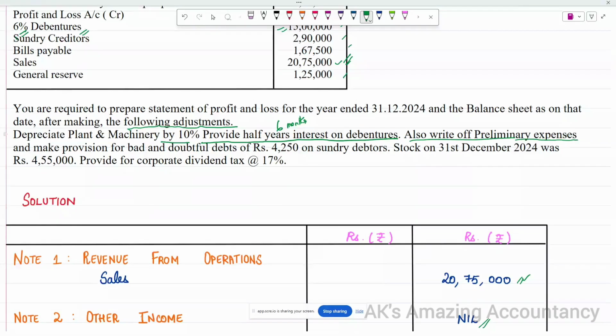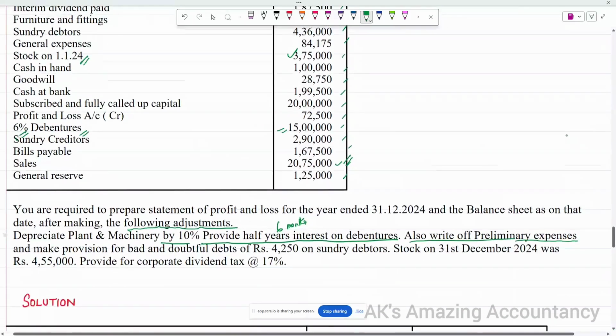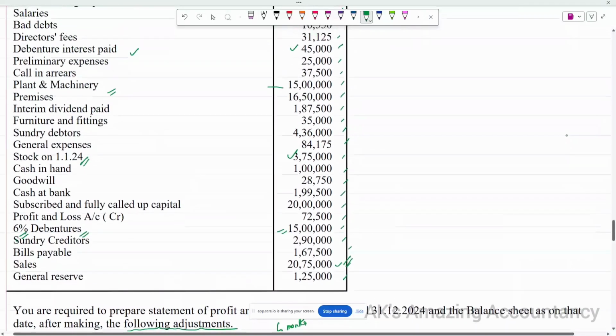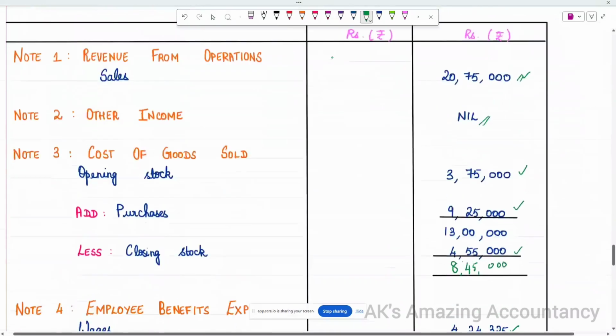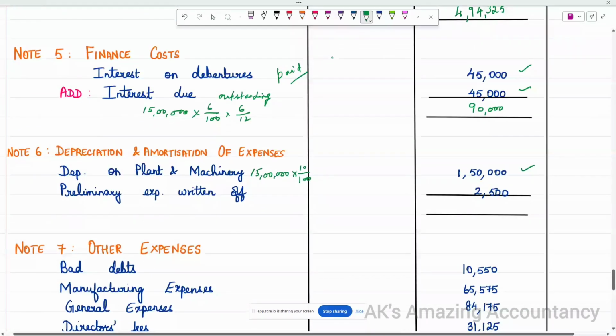So let us see how much is given as preliminary expenses in the problem. Have a look at the problem. So you are given preliminary expenses. Here we have, it is 25,000. So this amount has to be written off now.